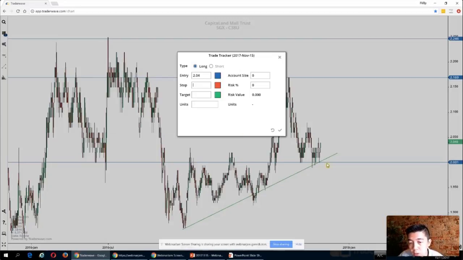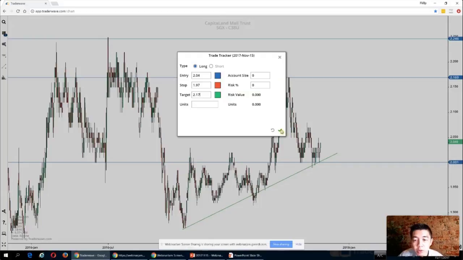In this case, we notice that the key level is about $2. So naturally, your stop loss level has got to be below the $2 level, and maybe we could be looking at somewhere about 197. And target, if we put it at about 217, where the next key resistance is.